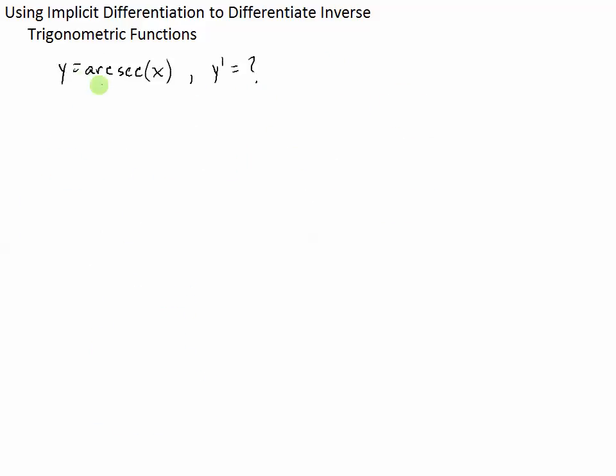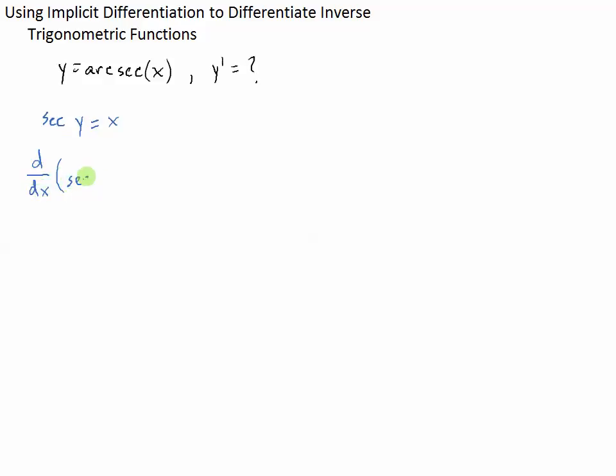Let's do this again for the arc secant function. We're trying to find the derivative. So I first rewrite this as a secant statement. The secant of y is x, which we could translate even further if we like into a cosine statement, but we can do this. Let's go ahead and take the derivative of both sides with respect to x.